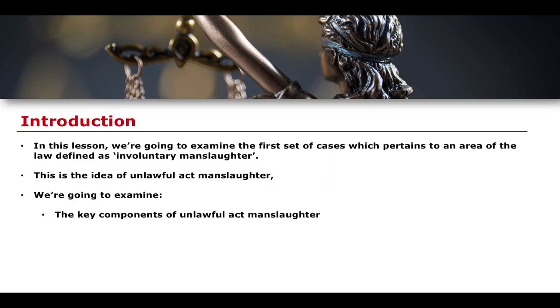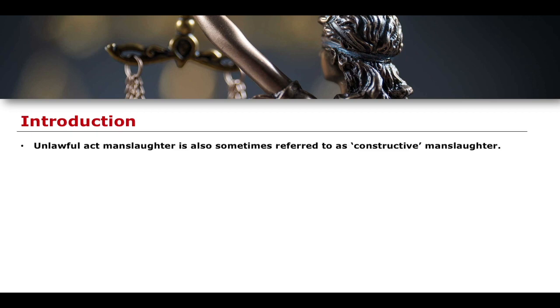So, like I said, we're going to examine the key components of unlawful act manslaughter. We'll talk about the major components, how these fit together, and how this is operationalized in English law itself. Some textbooks will refer to unlawful act manslaughter as constructive manslaughter.